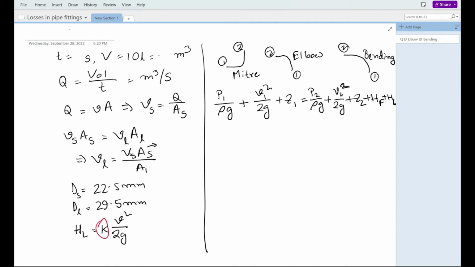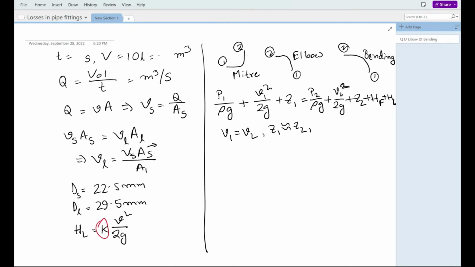So HL, the head loss for miter, elbow and bending, the minor loss is P1 divided by rho times gravity minus P2 divided by rho times gravity. So this one is H1 and this one is H2. So we can write H1 minus H2.